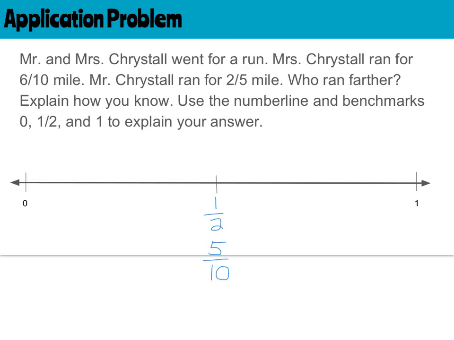I can also add that 1 whole is the same as 10 tenths. Now, when I'm trying to plot that on my number line, I have 5/10 and 10/10. I know that 6/10 is going to be just 1/10 bigger than 5/10. So I can put 6/10 on my number line.